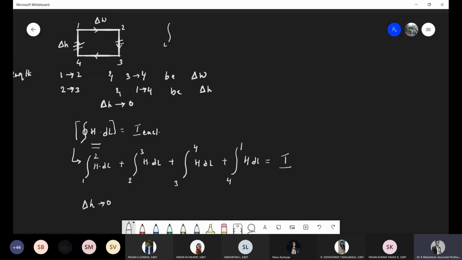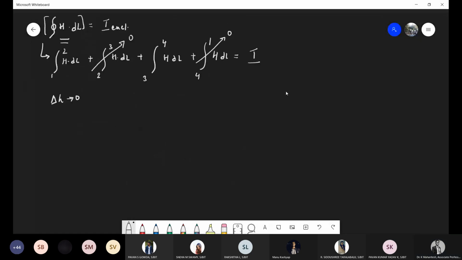So the integrals from 4 to 1 and from 2 to 3 tend to 0.